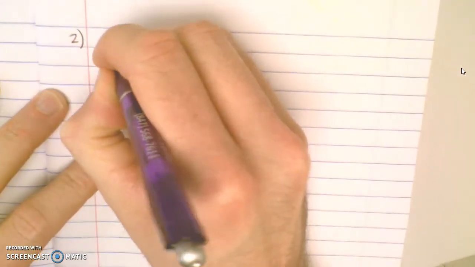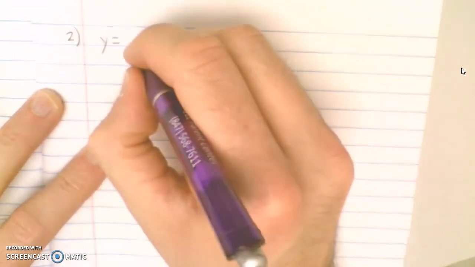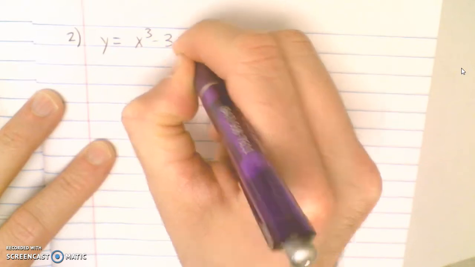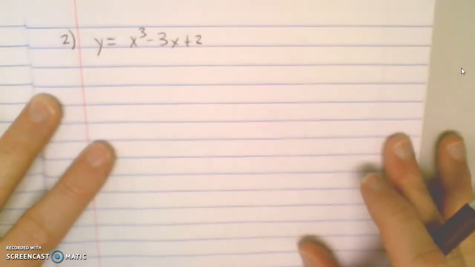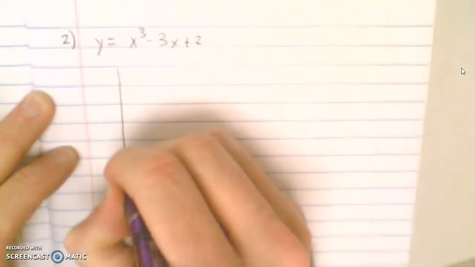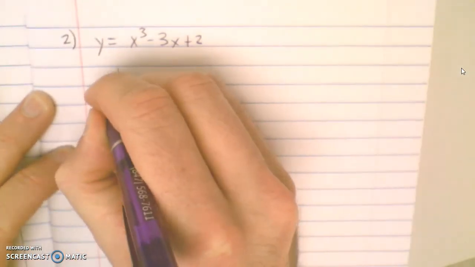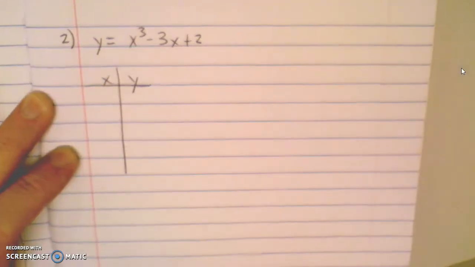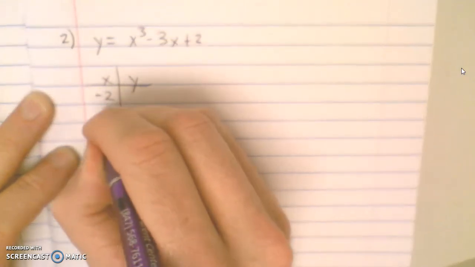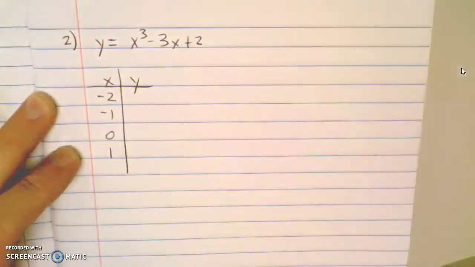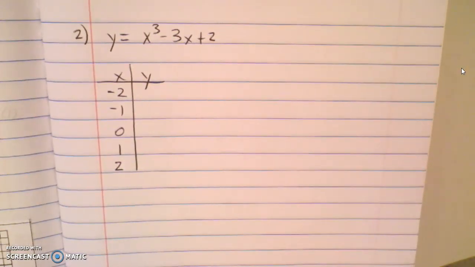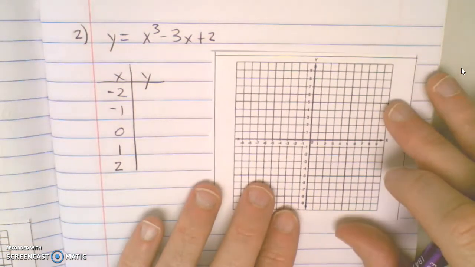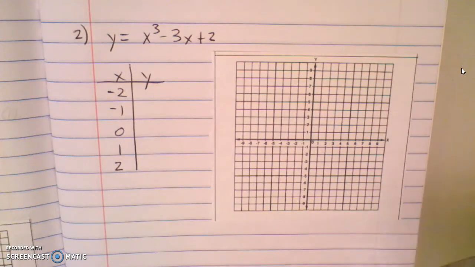It's going to be y equals x cubed minus 3x plus 2. And for the table of values, we're going to do x, y, and we're going to start at negative 2, from negative 2 to 2. And we'll tape this one in there. Remember to make sure to have your graph with the y facing up.